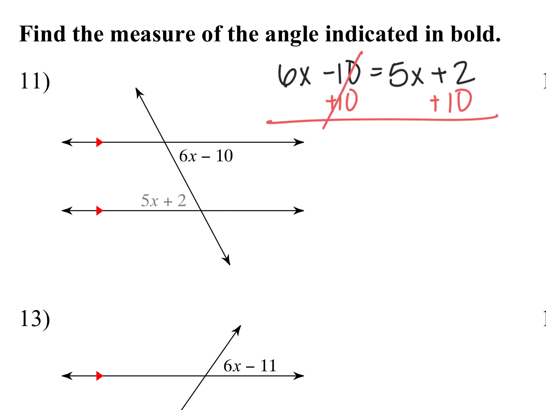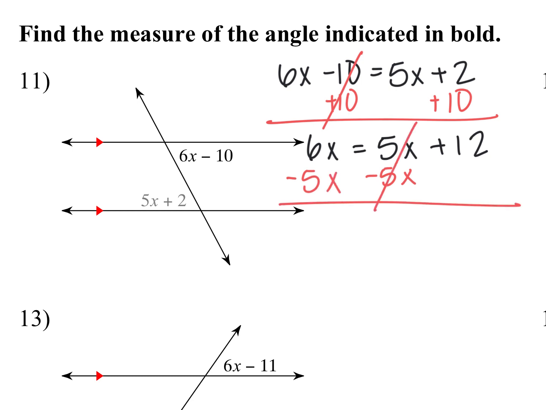Adding 10 gives me 6x equals 5x plus 12. What should I do next? Subtract 5x. These are going to cancel out, and I'm going to get x equals 12. Am I done? No. I'm going to plug this back in right here.